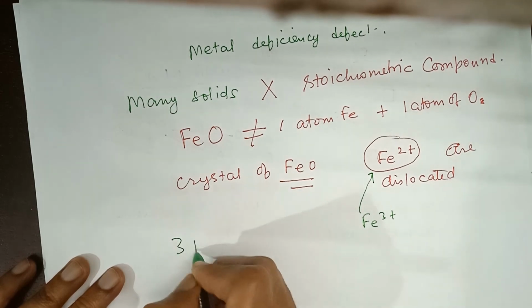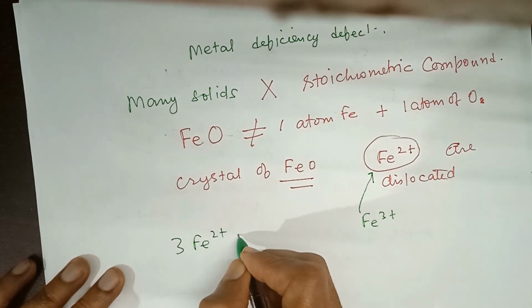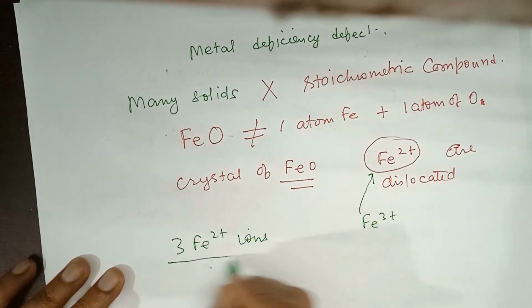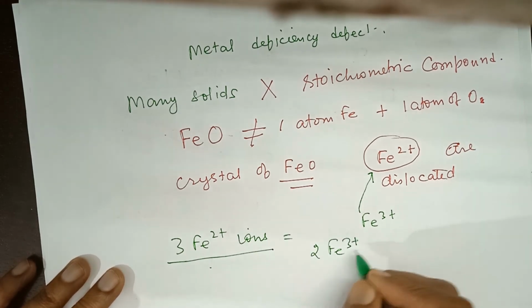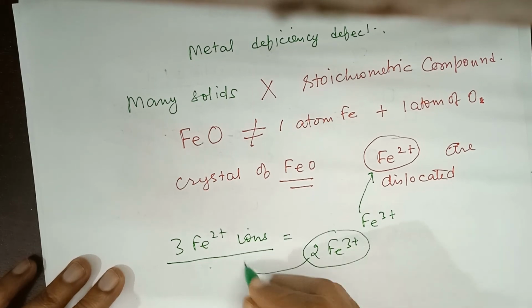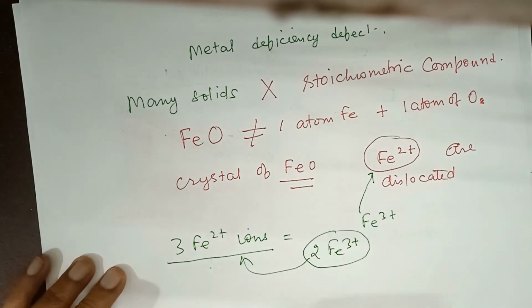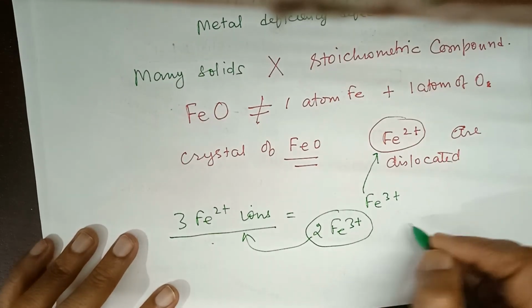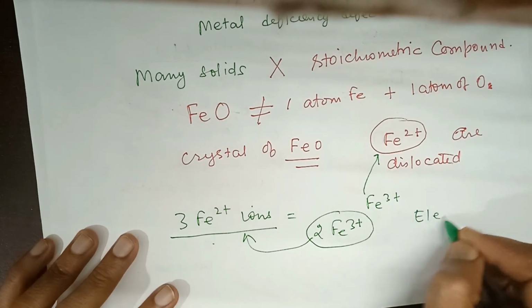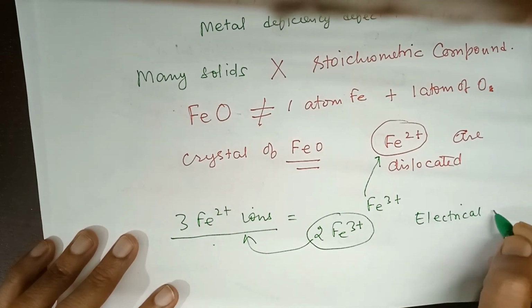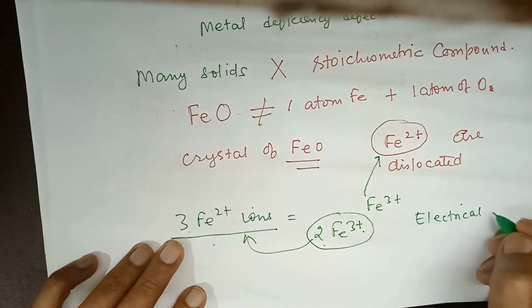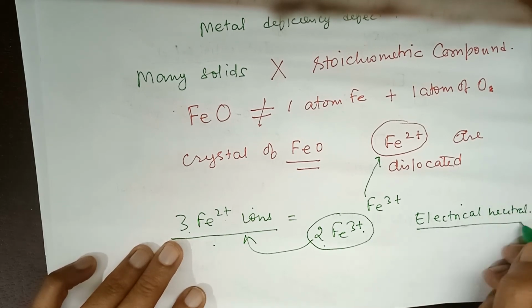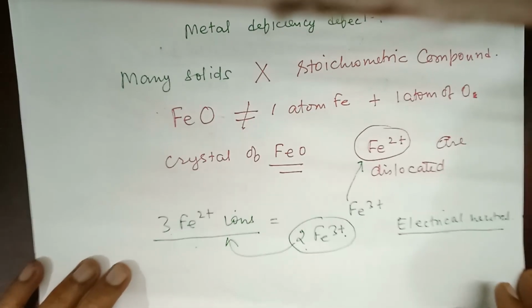Means if 3 Fe2 plus ions are lost, then 2 Fe3 plus ions will replace these 3 Fe2 plus ions to maintain the electrical neutrality. It is still electrically neutral, because there are 6 plus charges here, and here also 6 plus charges, so it remains an electrically neutral substance.